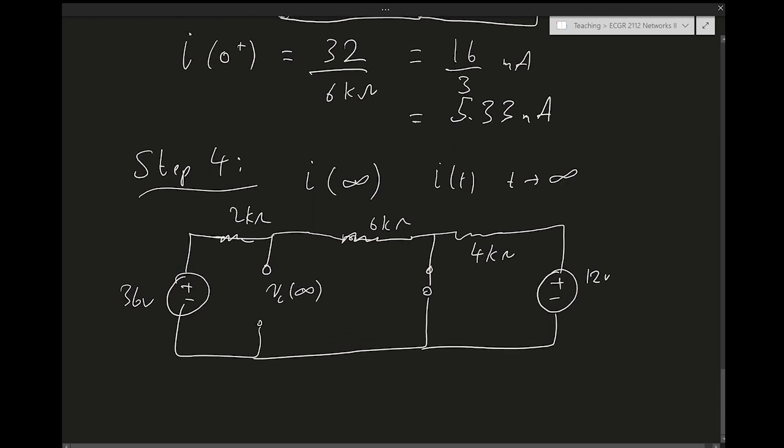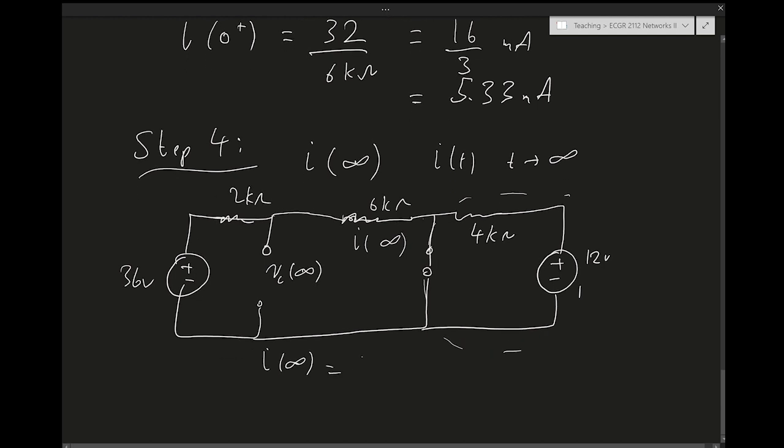Okay, and what's I at infinity? This is an open circuit, right? Now this part is shorted out due to this short. So I at infinity will be just 36 applied to those two resistors, 6 and 2. So I at infinity will be 36 over 6 plus 2, 8 kilo ohms. Volts over kilo ohms, so what's 36 over 8?